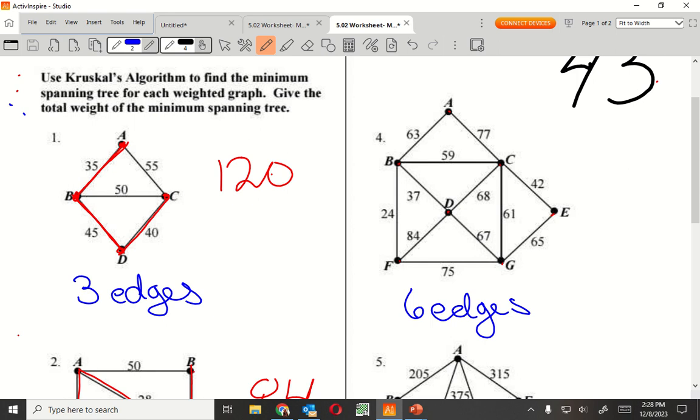One, two, three, four. I have to make 2 more. All right, so, 6 edges. What's going to be my first one?